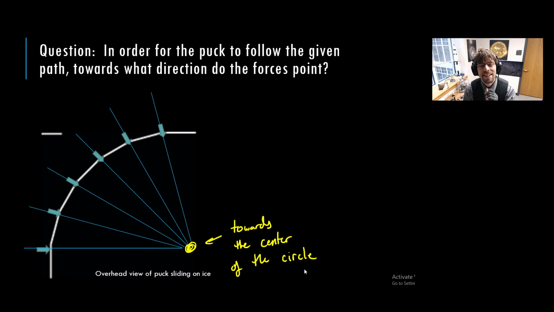Gravity is attractive. So let me set up a scenario like this. If I set up a scenario where I have the sun, I have the earth, and let's say that the earth is moving to the left. What direction is the gravitational force on the earth due to the sun? Towards the sun, right?